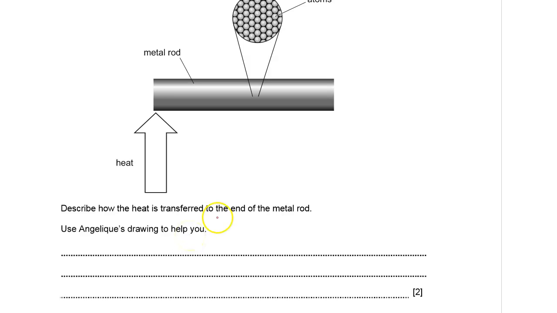So energy is passed from one atom to another when the atoms vibrate. The atoms that are close to the heat will absorb more heat, vibrate more, and pass that vibration to the atoms that are next, and that will keep on being propagated until the heat gets to the other end of the metal.